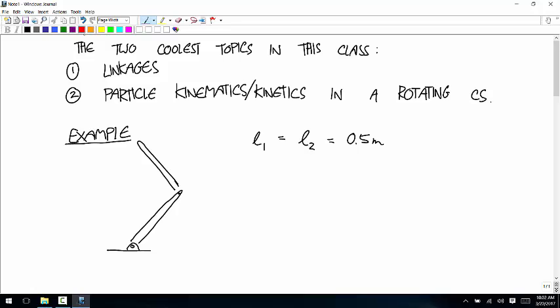I'll call the bottom one member 1, and this one member 2, and I'll call the joints A, B, and C up at the top. And let's say that at the instant shown, the angular velocity of member 1 is the same as the angular velocity of member 2, and that's positive 10 radians per second.